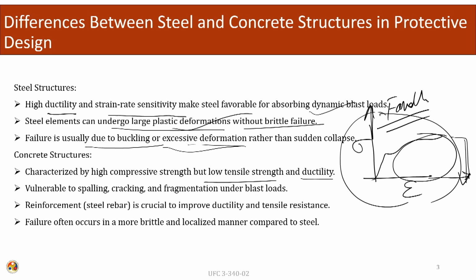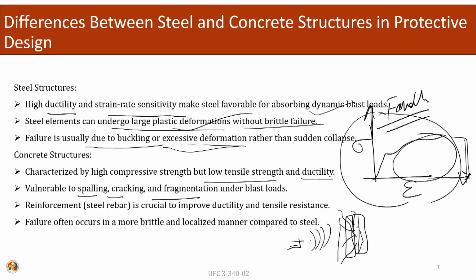In addition, concrete structures are vulnerable to spalling, cracking and fragmentation under blast loading. As we have seen, if a blast or impact type of loading occurs, there will be spalling in the concrete, cracks will form, and it will try to fragment out. So, these are the inherent drawbacks of a concrete type of structure.